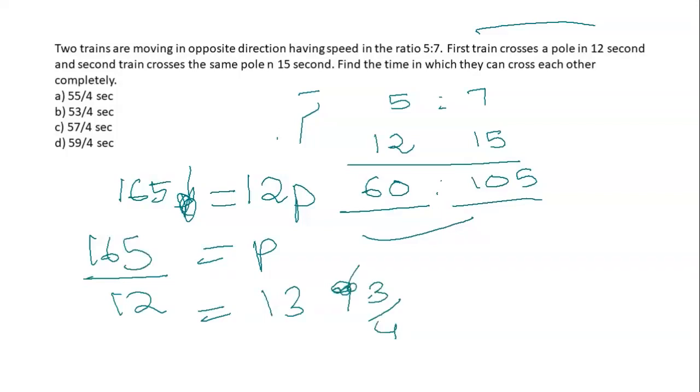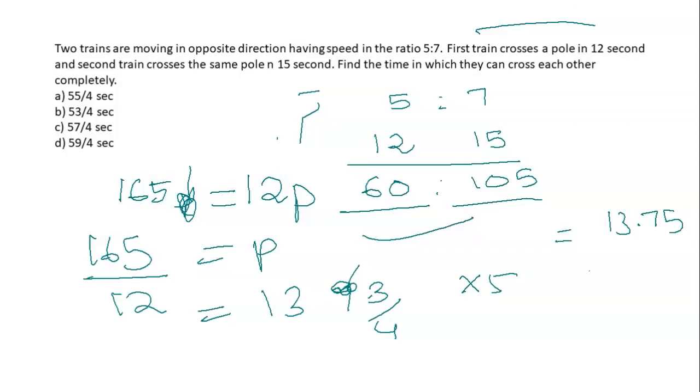So one part is 33 by 4, then 5 parts would be 55 by 4, which is 13 3 by 4, that is 13.75.